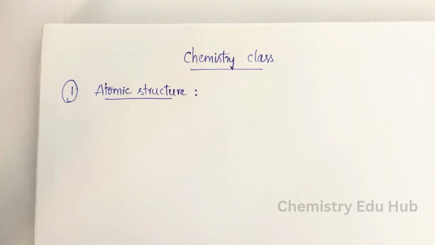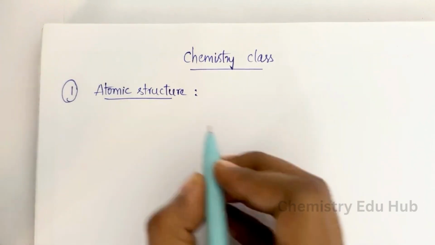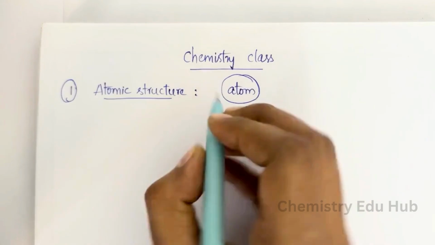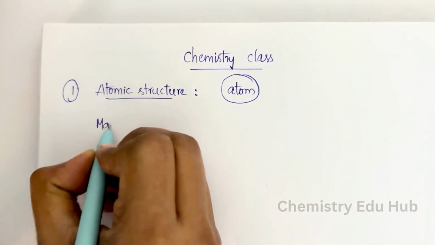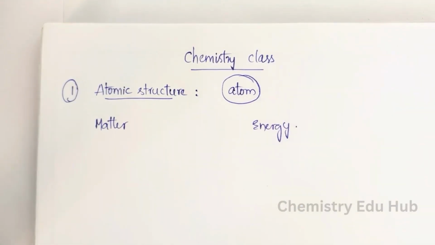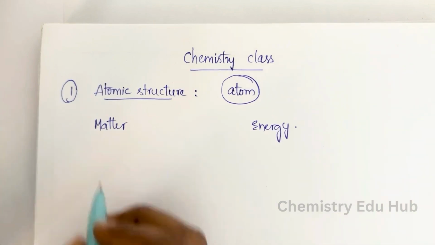Atomic structure is nothing but the structure of an atom. To understand what an atom is, we need to know first what is matter and energy. The whole universe, or everything around us, is mainly divided into two parts, matter and energy.